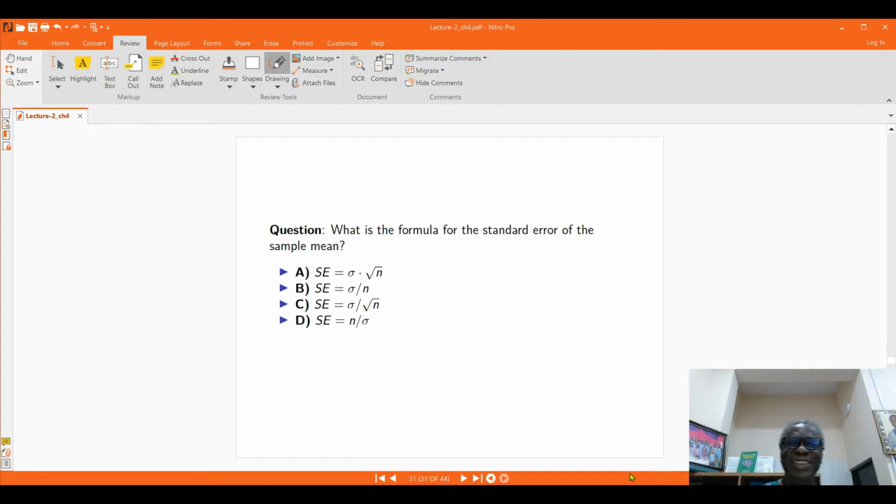Let's look at this. What is the formula for the standard error of the sample mean? Even closing your eyes, you could easily pick the right answer here. Some people have been selecting a certain option thinking it will continue.